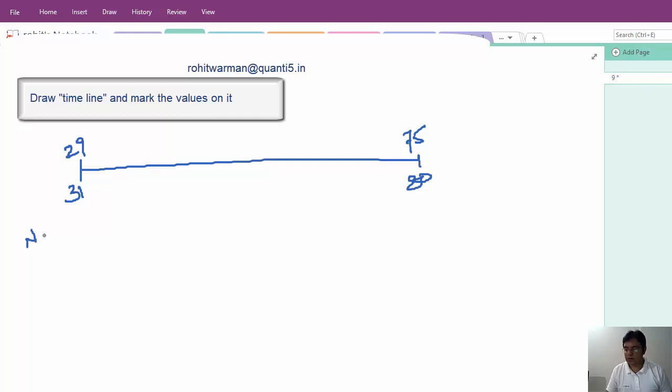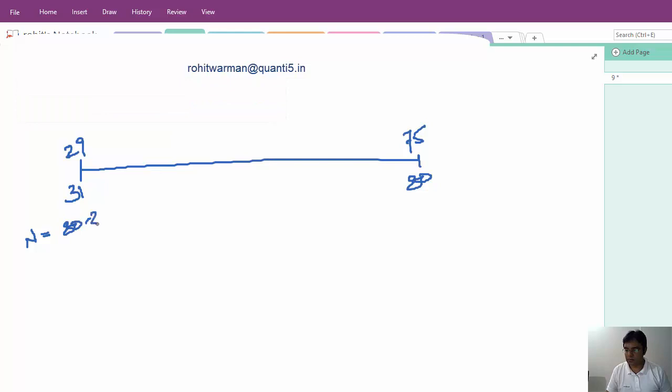Since we have to consider the last survivor, the number of years, let's say n, is 80 minus 31, and it comes to 49 years. Next is the household expense, which is 40,000 per month, and for 12 months it will come to 4,80,000.